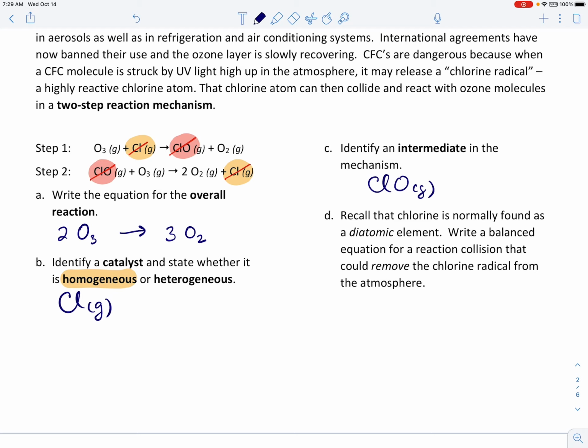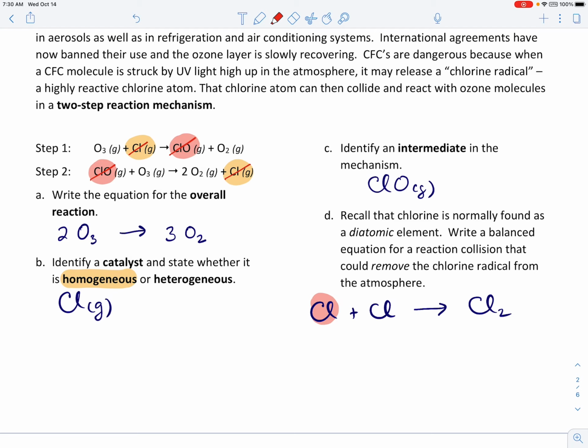Write a balanced equation for a reaction collision that could remove the chlorine radical. Well, it's very simple. 2 chlorine atoms that are in the atmosphere could collide, and if they collide, they'll form chlorine gas, Cl2. Now, chlorine atoms, those radicals, were catalysts in the destruction of ozone.